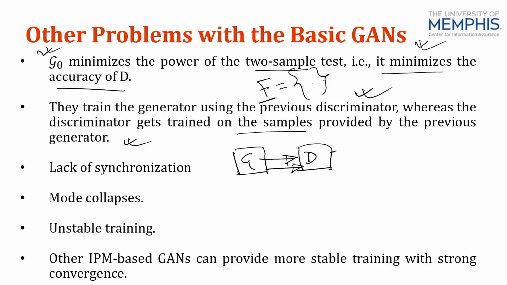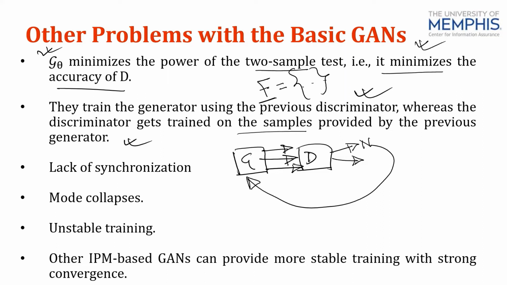So if the discriminator says these are not real samples, then certainly the generator will be trained and there is no training for the discriminator. Training for the generator means the weights and biases of the generator will be recalculated, and after the recalculation, the generator will produce another set of fake samples, which will be thrown to the discriminator, and the discriminator will judge again whether the sample is fake or not.